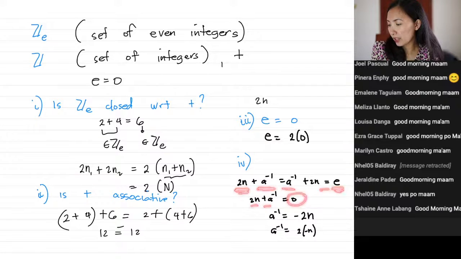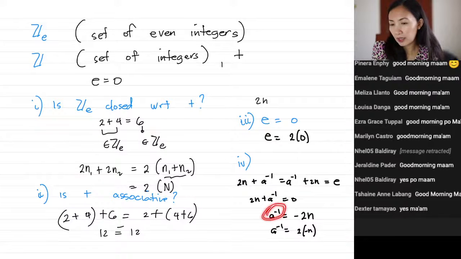This is only for us to symbolize or to denote the inverse. So manipulating the equation, the inverse is given by negative 2n. So we can rewrite this also as 2 times negative n. And what did we say about n here? n here is an integer. So the inverse is also an even integer because of the presence of this factor 2.